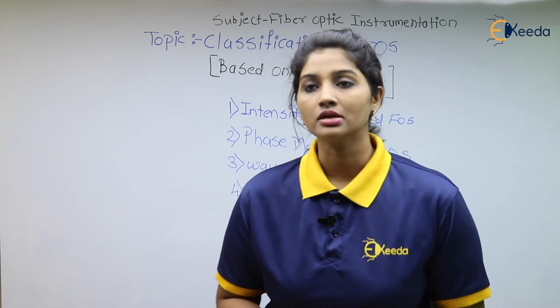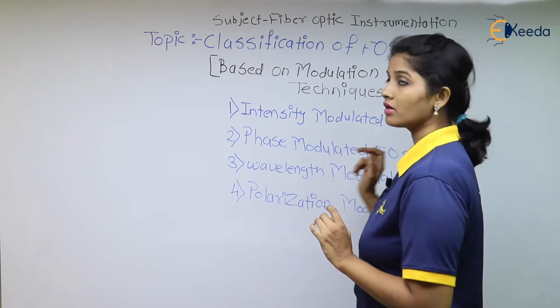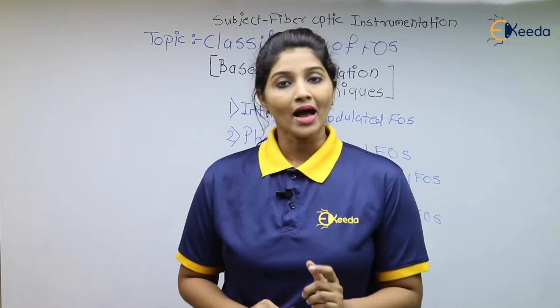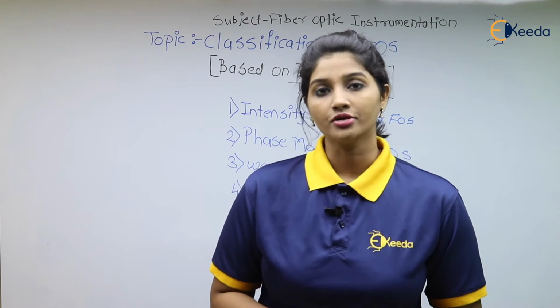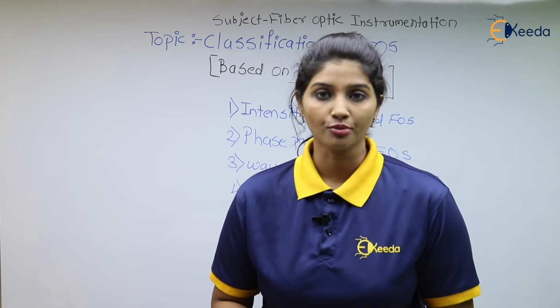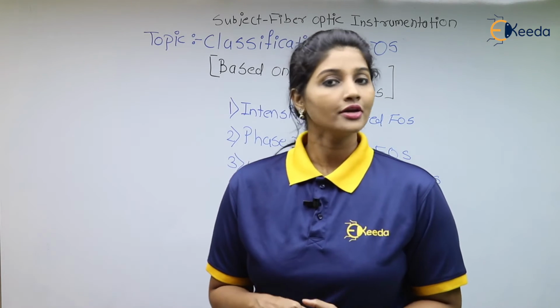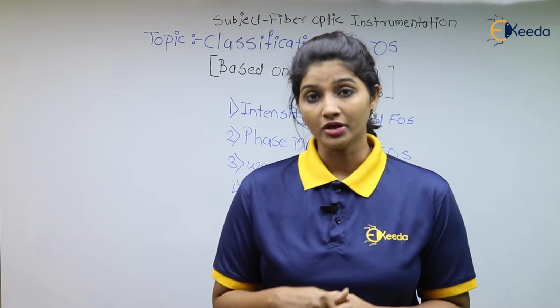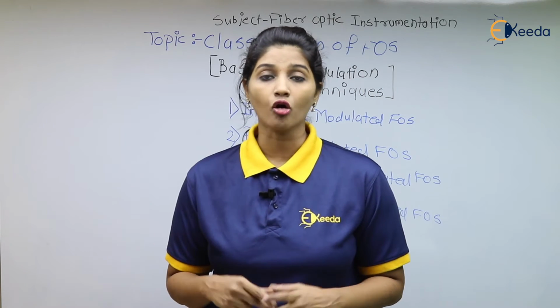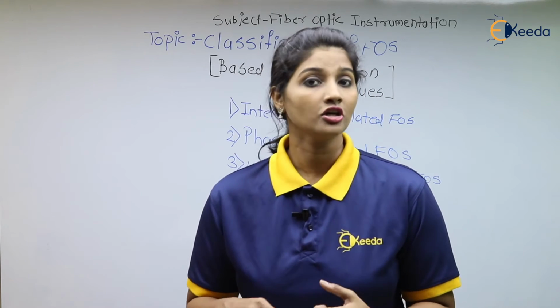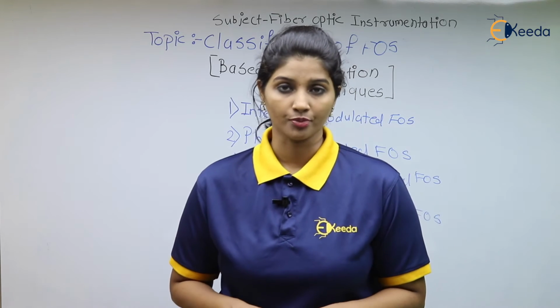So this is how the phase modulated fiber optic sensor basically works. Mach-Zehnder and grating interferometers are the most commonly used interferometers in fiber optic communication systems. Phase modulated fiber optic sensors find the majority of their applications in the fields of electronics, science, engineering and communication systems.